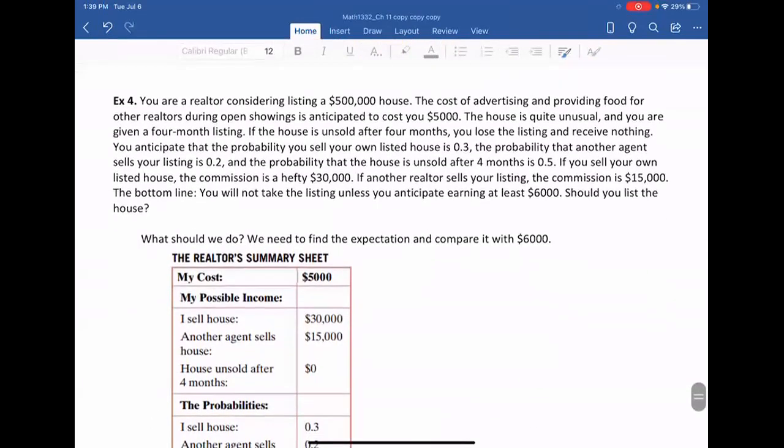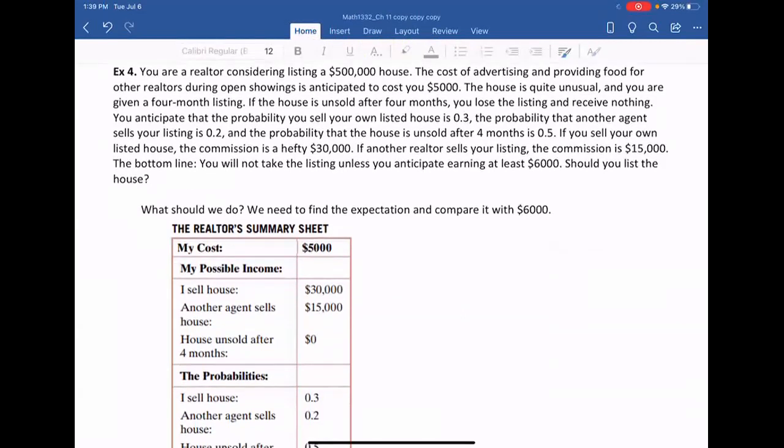The next example, example 4: you are a realtor considering listing a $500,000 house. So pause the video and read the problem. I will explain it later.